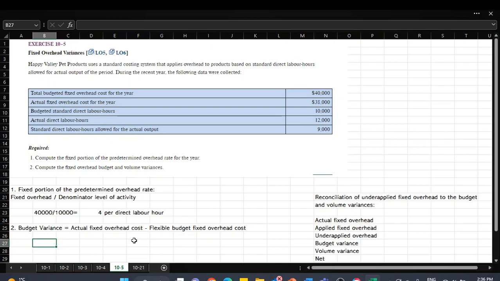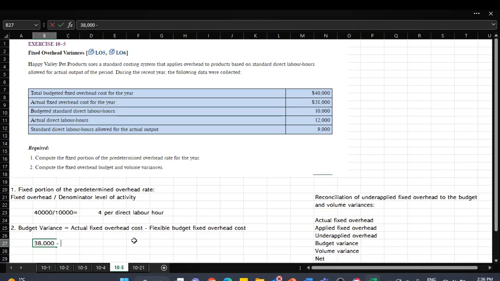So we start off with our budget variance, which takes our actual fixed overhead cost and relates it to the flexible budget fixed overhead cost. Okay, so our actual fixed overhead cost we know is 38,000. It's given to us right in that little chart, the second one down, our actual fixed overhead cost for the year.